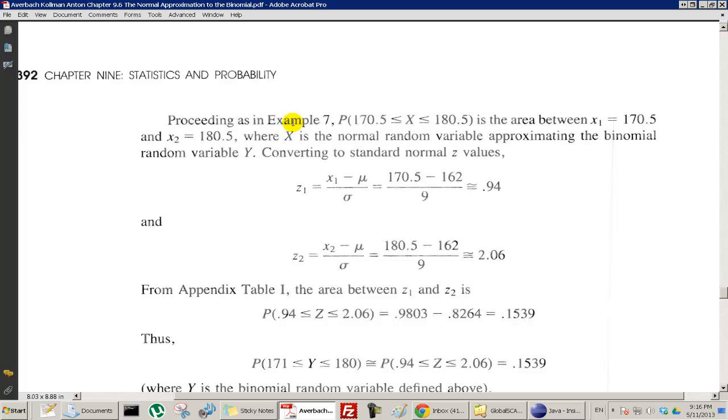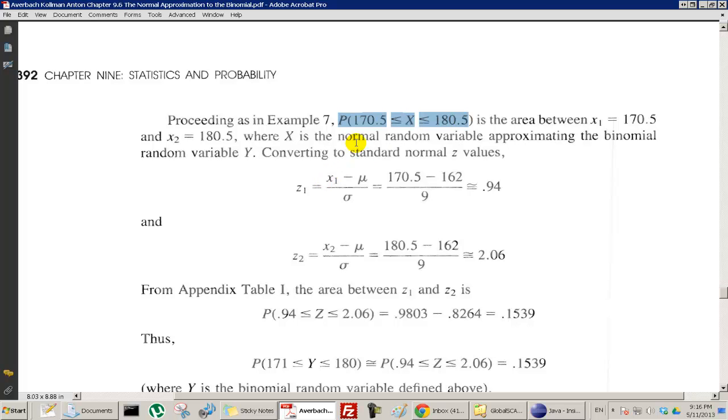So now proceeding as in example 7, we're estimating the area between here and here, where x is normal with mu and sigma equal to what we just said. So now we have to convert to z.